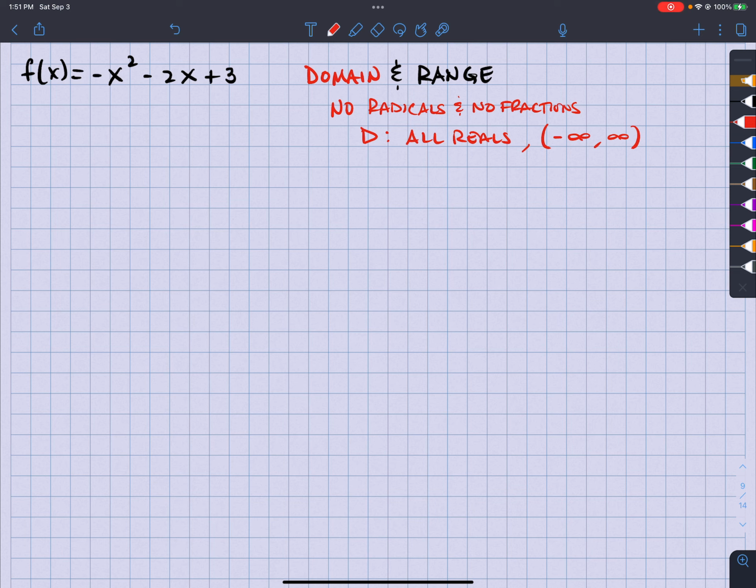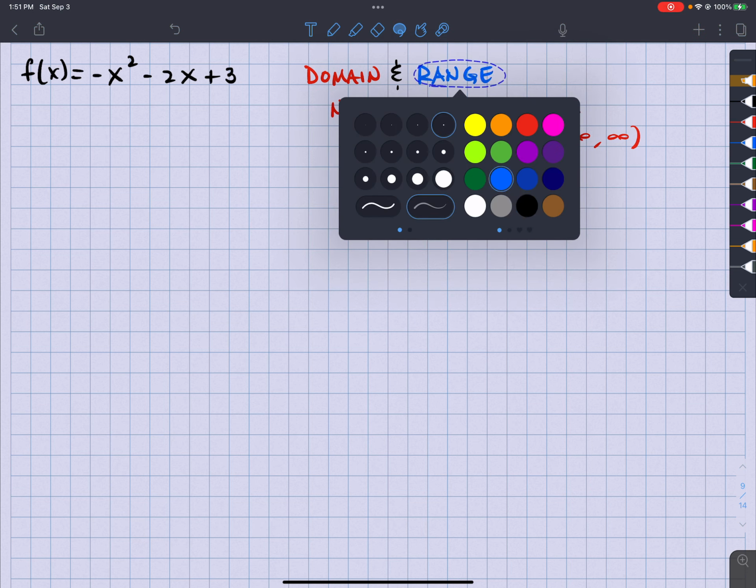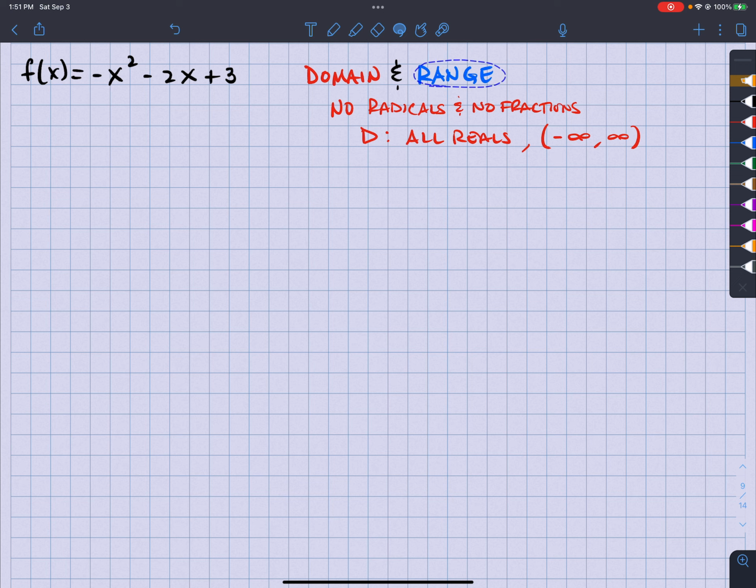The range, however, a little bit different, right? The range, I need to figure out what is this parabola doing? Well, a couple of things play into this, right? Number one, I know that this is quadratic. And not just that, I know that this is also a frowny face.